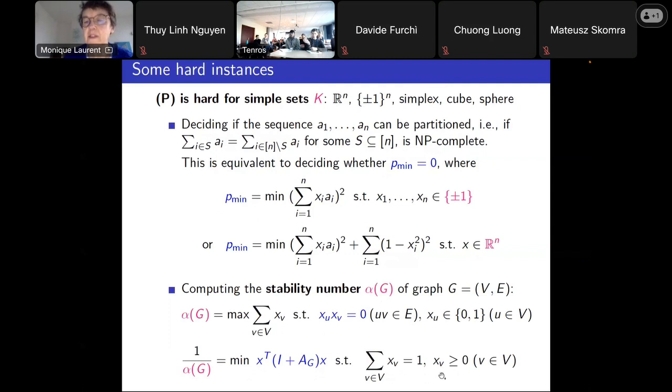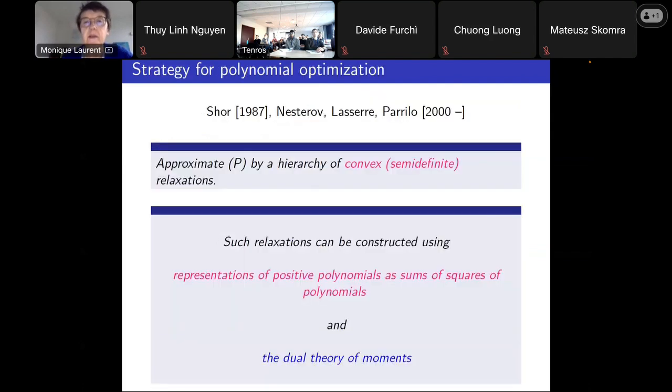This is just a set of points which are non-negative, with coordinates summing up to 1. So this is the standard simplex. It's a little bit the simplest polyhedron you may think of, but minimizing a quadratic over the standard simplex models an NP-hard problem. Okay, so polynomial optimization is hard.